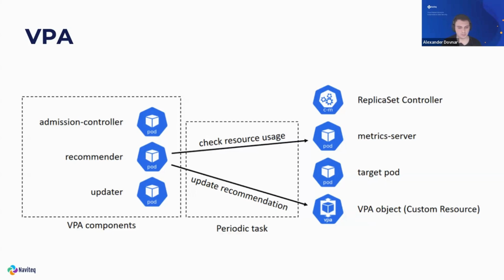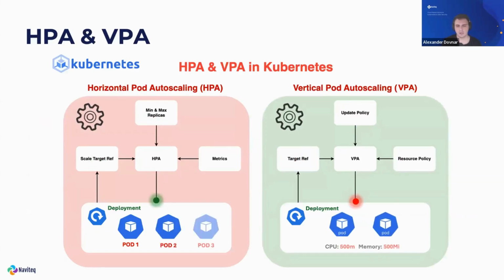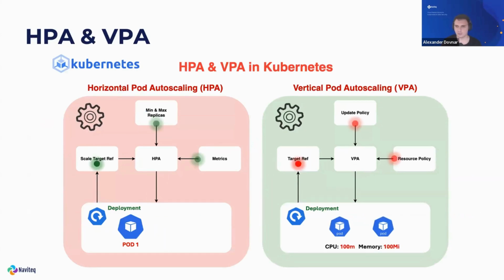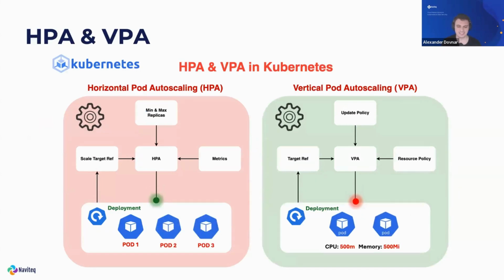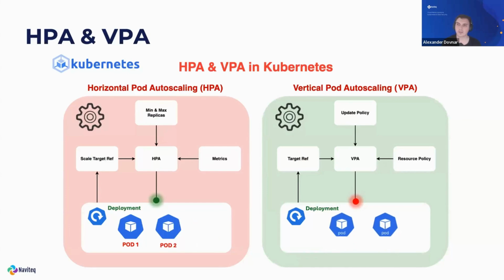It's an official project, but it's not something you can use out of the box like HPA. So there is a really simple difference between them. How it works, don't think we should look at that right now because we will discuss it in more practical examples later.